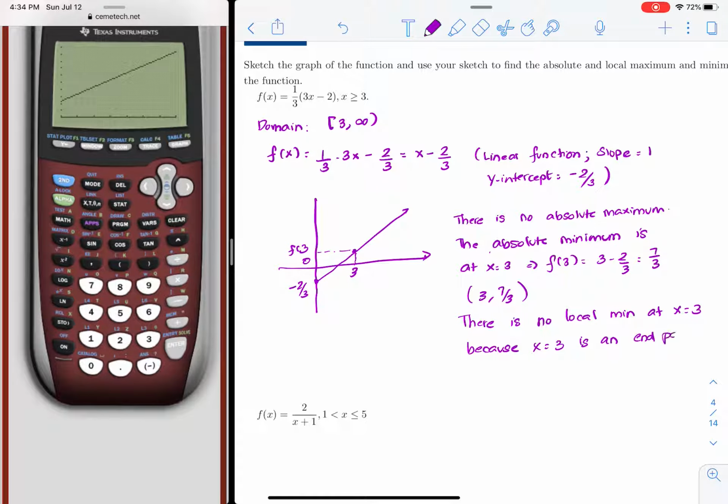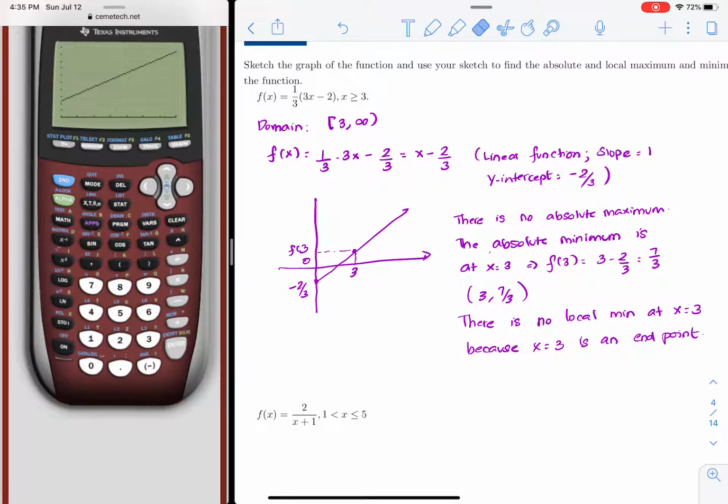Keep in mind, we can only quantify local extrema if I can draw an interval around the value on which you're trying to find the local extrema. So since 3 is an endpoint, I could look at an interval to the right of 3, but there is nothing to the left.